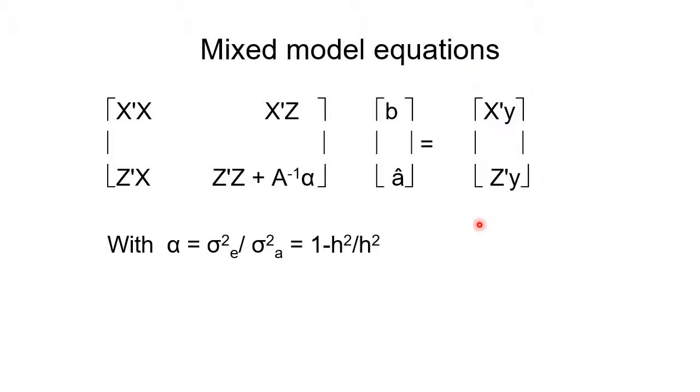This is our right-hand side. Our right-hand side basically consists obviously of the same number of rows. The fixed effects will have the same number of rows, and this will be the summation adding up each of the levels of the observations per fixed effect. So if we have two sexes at the top, we will add up all the weights.